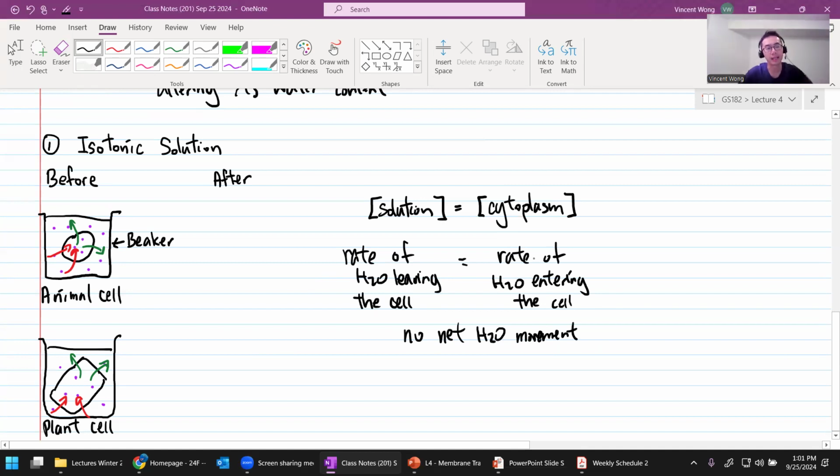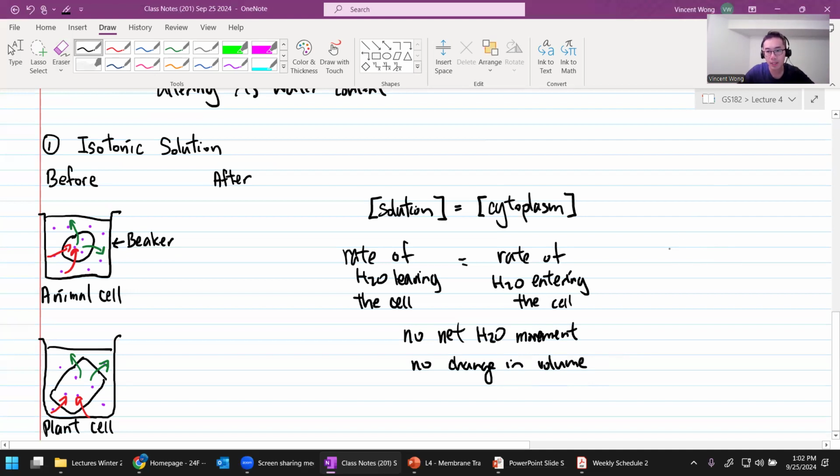Like if someone spends as much money as they earn, there's no net income, right? Water coming in, same amount leaves, no net water movement. No change in volume.